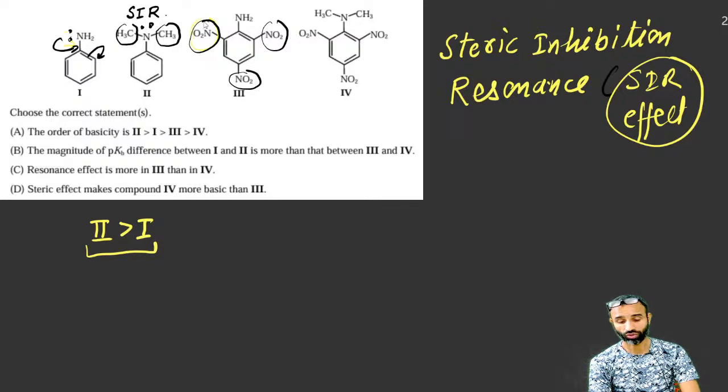So NO2 will withdraw electrons from NH2 strongly, so the electron density on the nitrogen decreases. So the third should be the least basic.